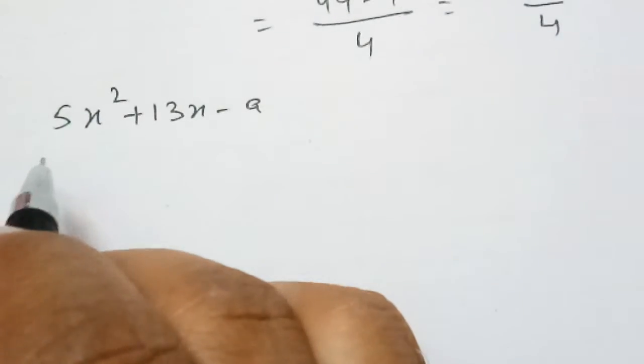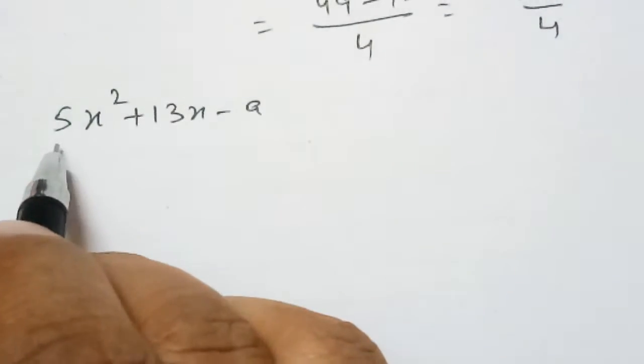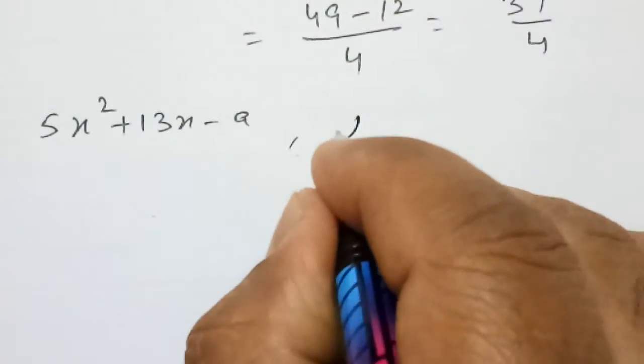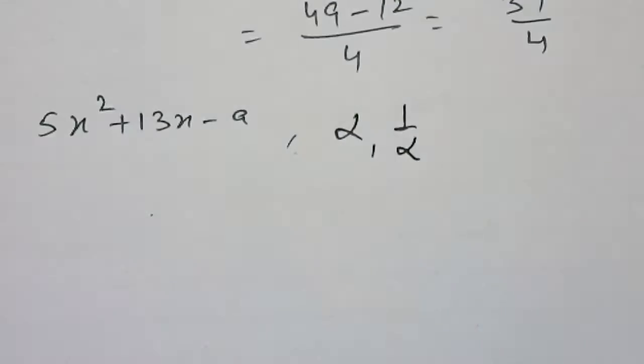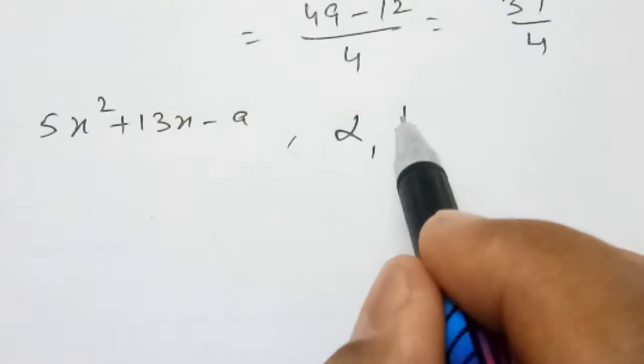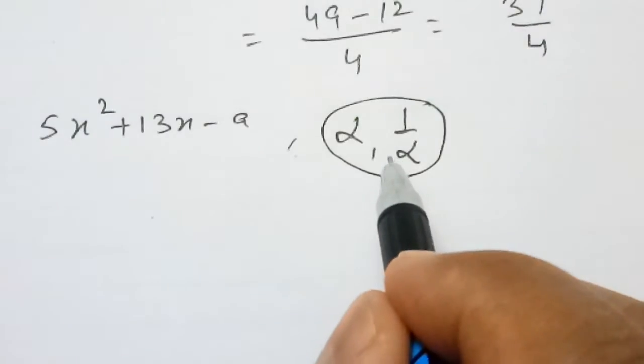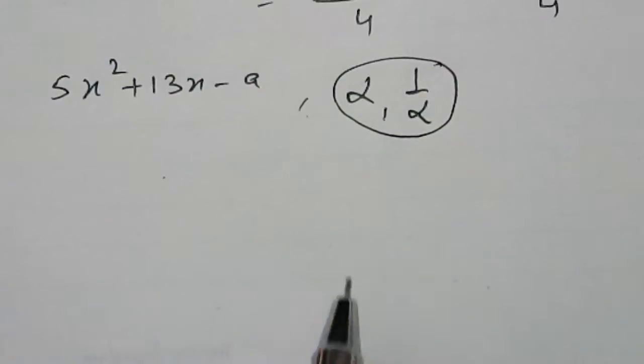Third question is that for polynomial 5x square plus 13x minus a, zeros are reciprocal of one another. Means if one zero is alpha, then second zero is 1 upon alpha. So whenever we have two zeros which are reciprocal of each other, for these zeros we will take only the product of zeros.